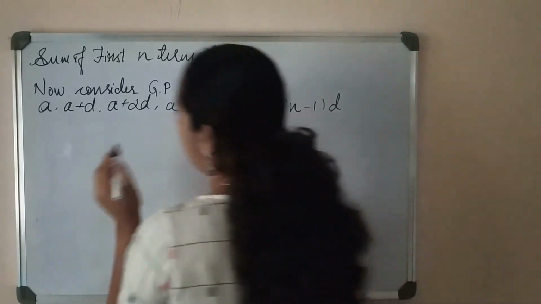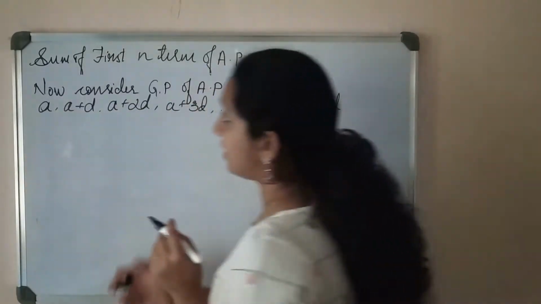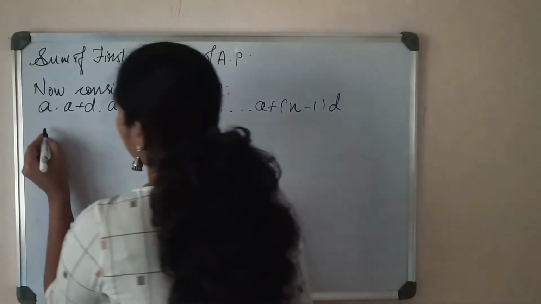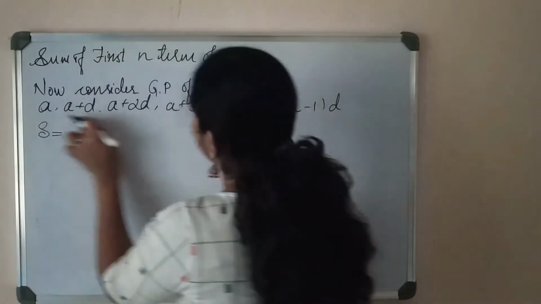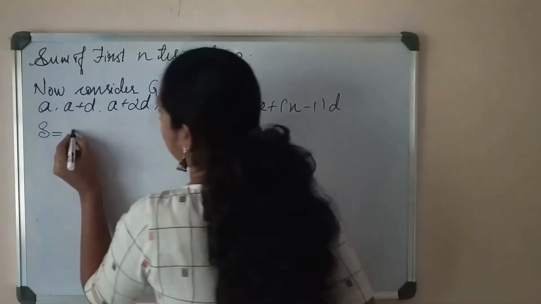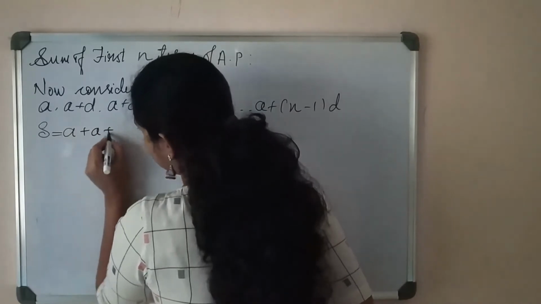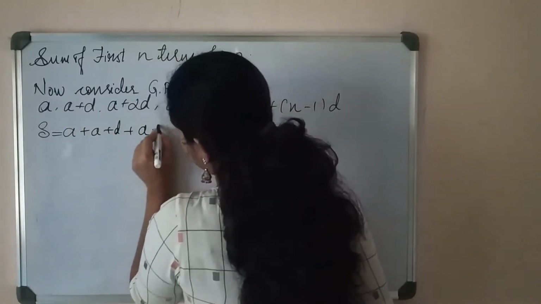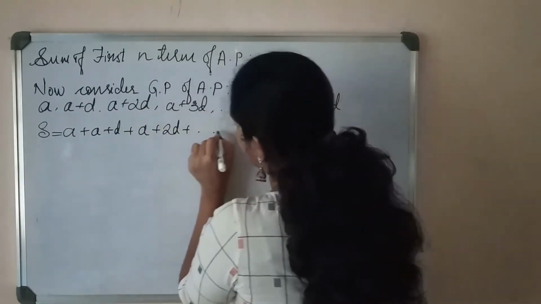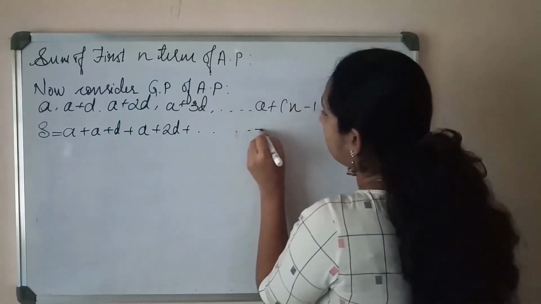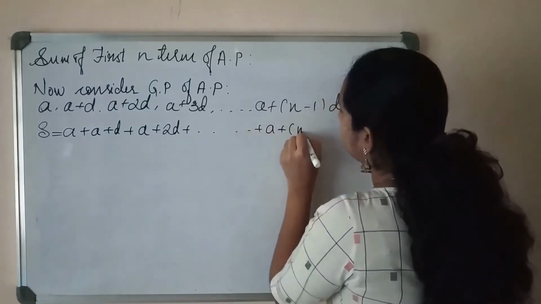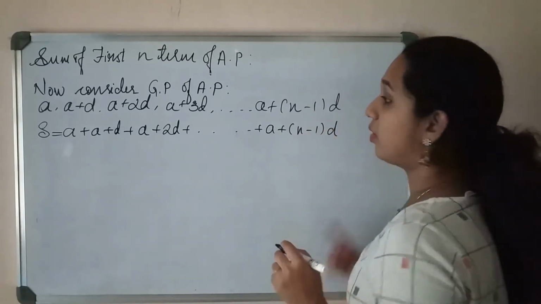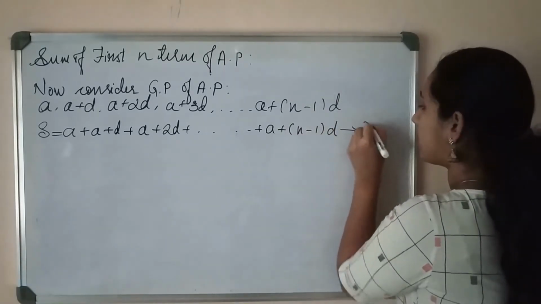Now I have to get the sum of first n terms. So S is equal to, I'm going to add this series: a plus a plus d plus a plus 2d, and so on till a plus n minus 1 into d. I'll consider it as equation 1.